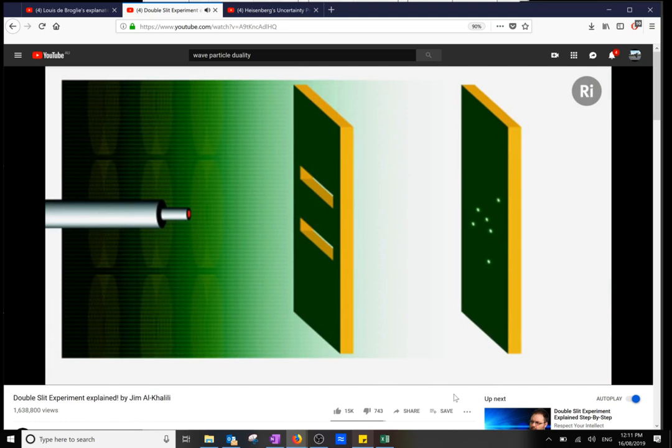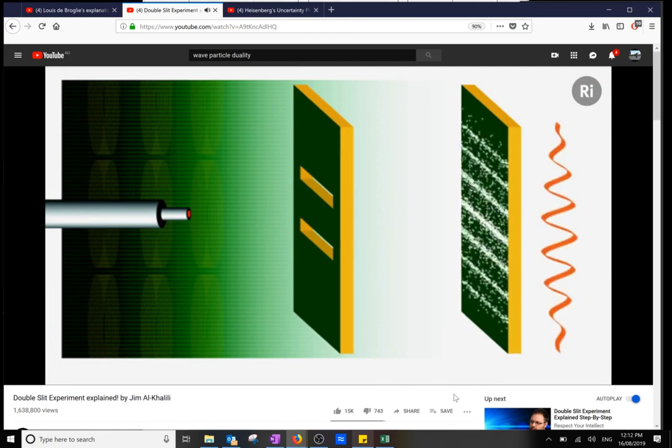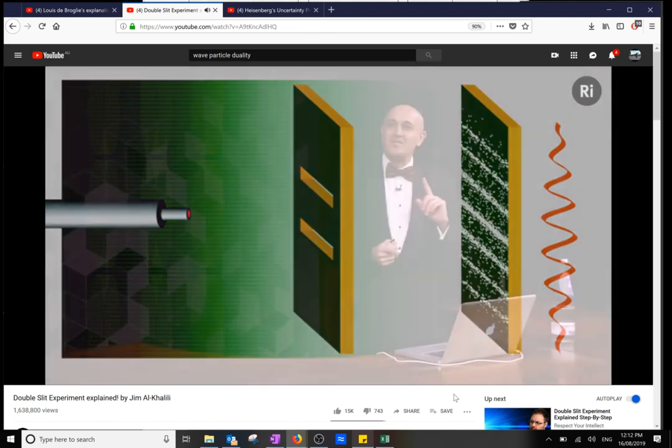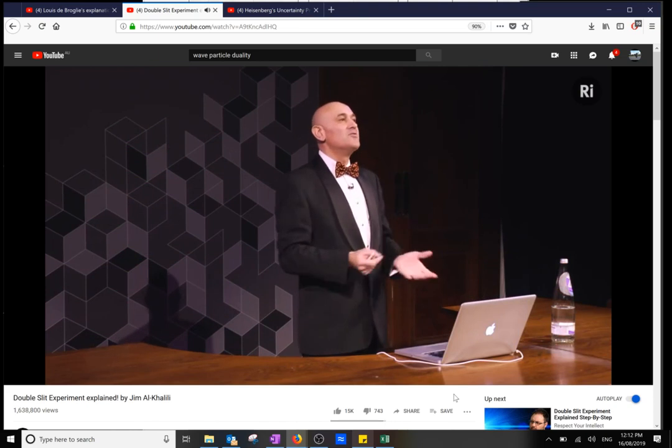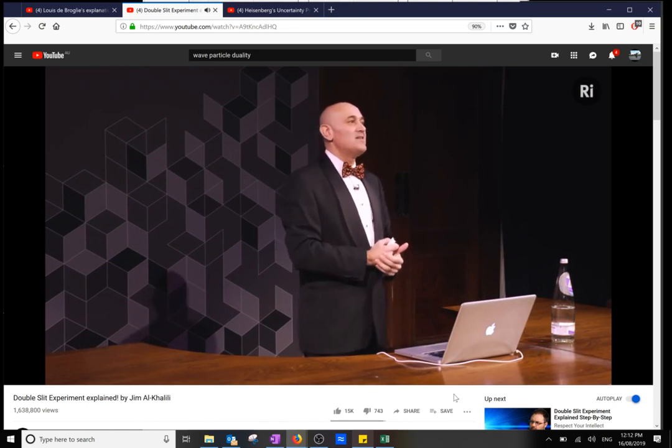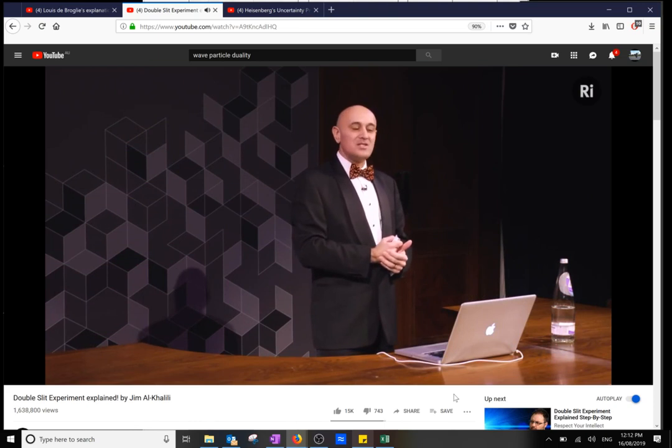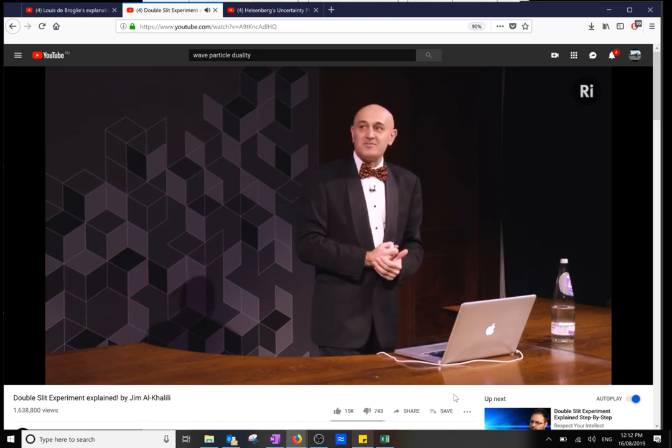And gradually you'll see, as the atoms go through, they'll look like they're just randomly arriving on the other side. You keep sending atoms through one at a time, and gradually that same pattern appears. So each atom by itself is somehow contributing its small part to the overall wave-like behavior that we see in the interference pattern. How does it do it?